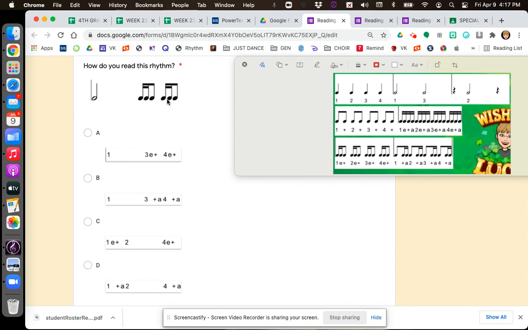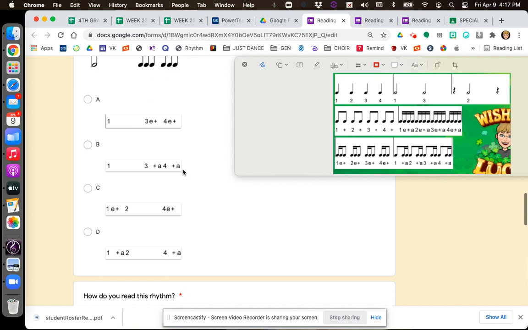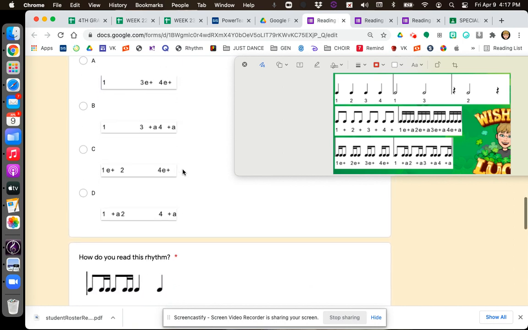And then I have 2 16th notes, followed by an eighth note in my fourth beat as well. Do not get 1 and, 2 and, 3 and, 4 and confused with 1 and a, 2 and a, 3 and a, 4 and a. Remember, you're looking at 2 16th notes, followed by an eighth note. Pause the video if you need to. I'm moving on.